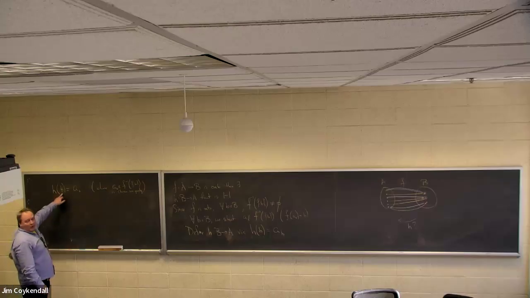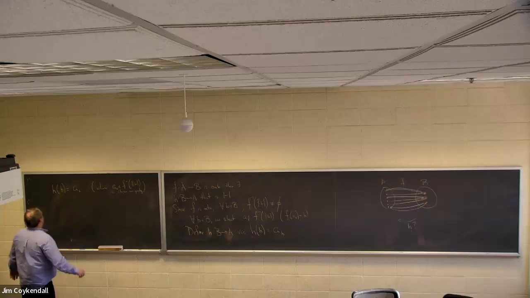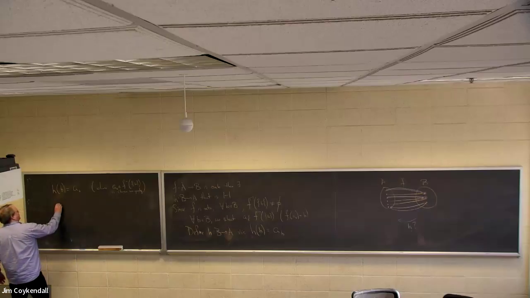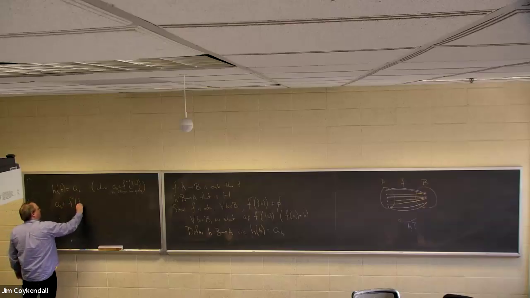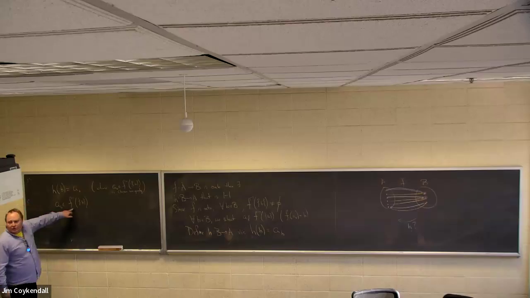Right, so this is a well-defined function, right? Because your input is B, your output is some A. And we've chosen only one A sub B in this.